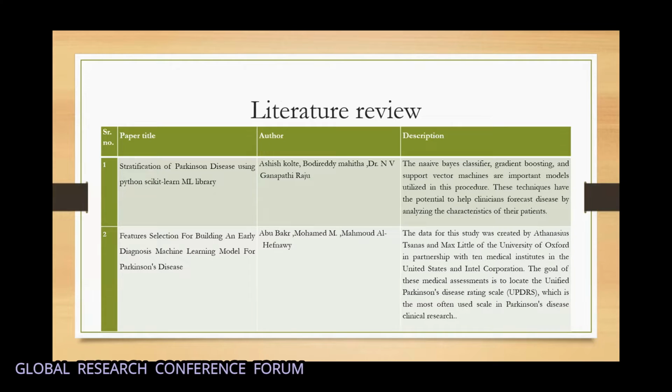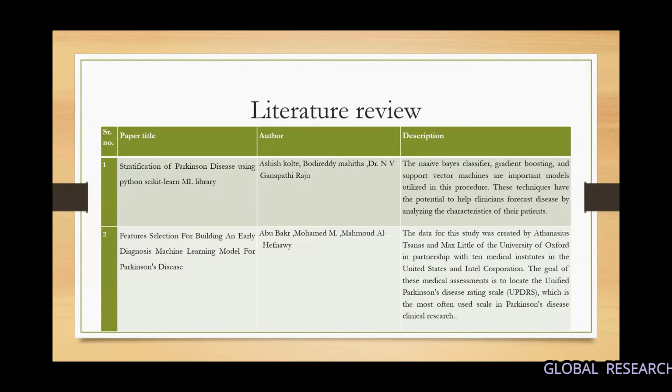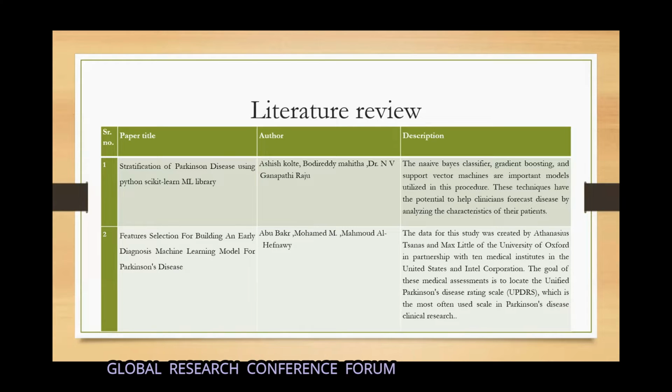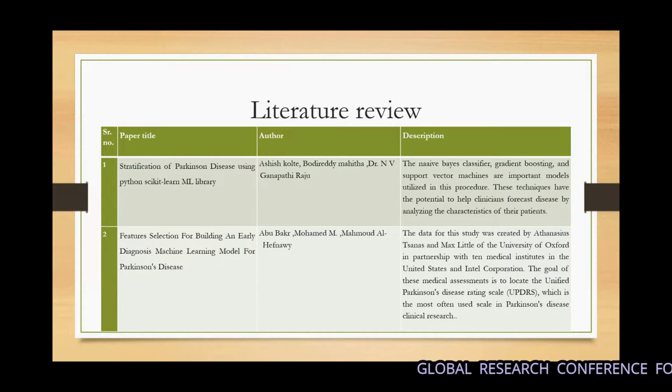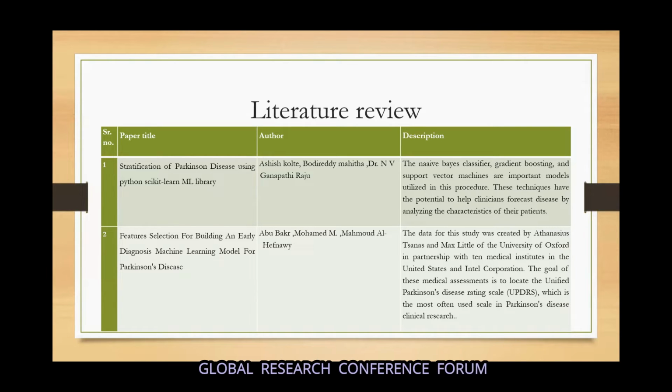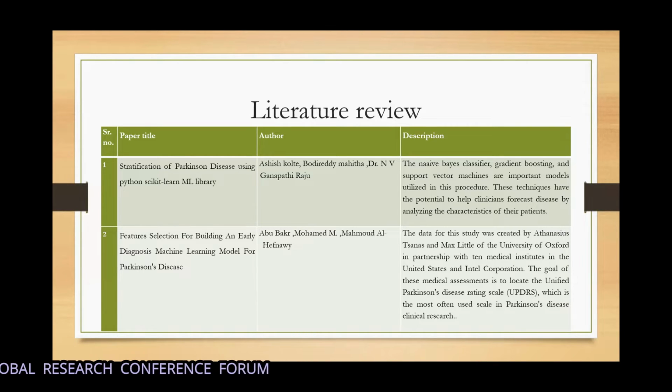Literature review. The first paper is stratification of Parkinson's disease using the Python scikit-learn machine learning library. In this paper, the authors use naive Bayes classifier, gradient boosting, and support vector machine algorithms, and they achieved an accuracy of 81.25%.